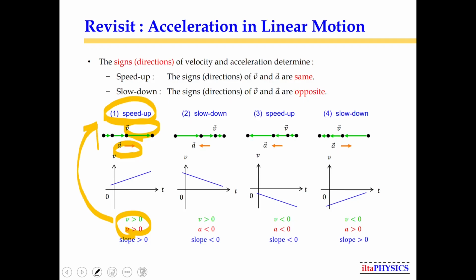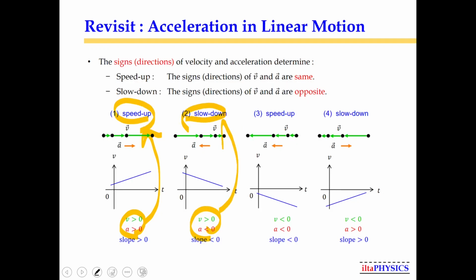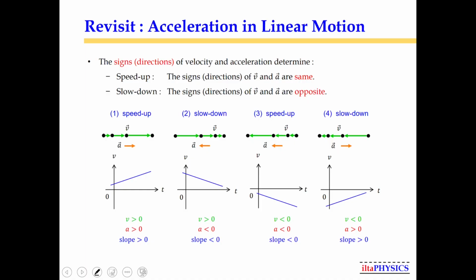In the second picture, if the velocity and acceleration are in opposite directions, an object moving to the right will gradually lose speed. This is deceleration. If we think about this just in terms of the signs of velocity and acceleration, it looks like this. Having the same sign means speeding up, while opposite signs mean slowing down. I'll let you think through the other cases on your own.